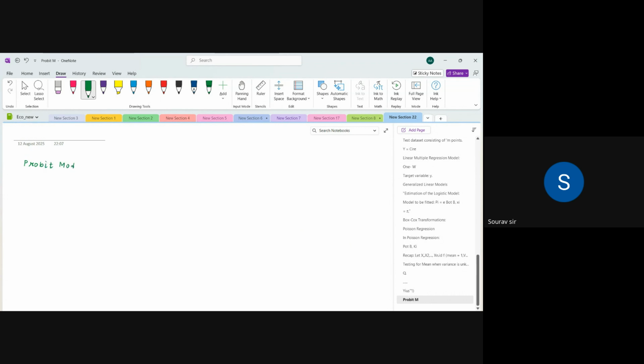Probit model. So the data that we have is that my yi's can be either zeros or ones, and xi's can be any real value. Okay, this is my sample data. All right.